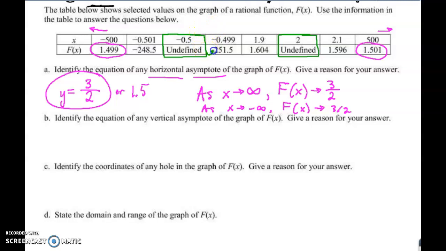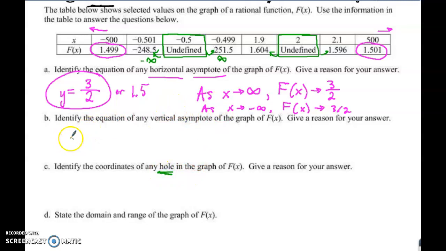If you look at the y values on either side, that one is infinitely large, like this is, I know 251 is not infinity, but it's getting larger and larger. And this side is negative. Whereas if you look at these two values, they are really, really close to being the same thing. And I'll get to that one in the next one for a reason.